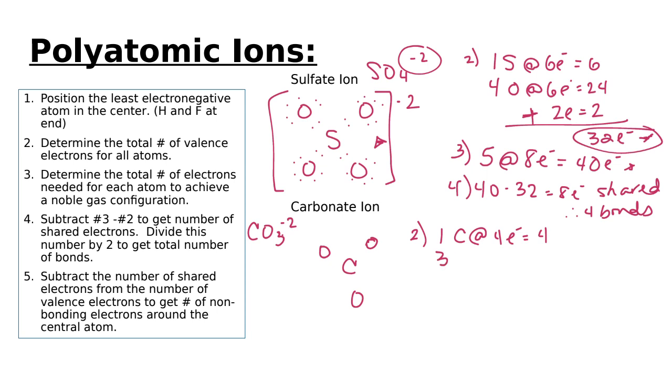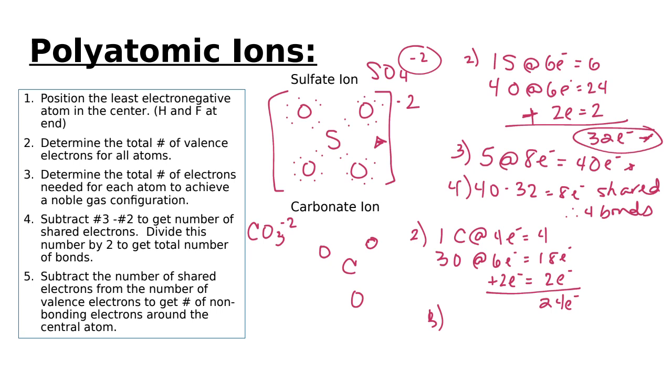I have 3 oxygens at 6 electrons, total of 18. And don't forget, in step 2, you have to add in the charge. So I'm going to add in these extra 2 electrons coming from the charge, and I get a total of 24 valence electrons.